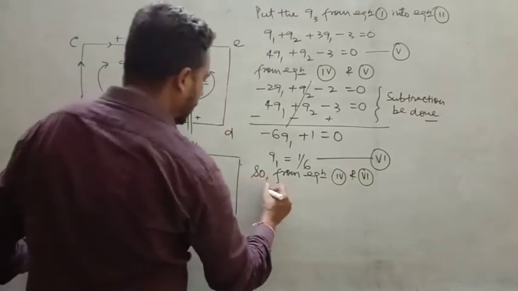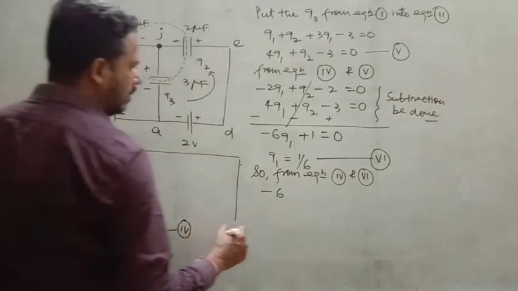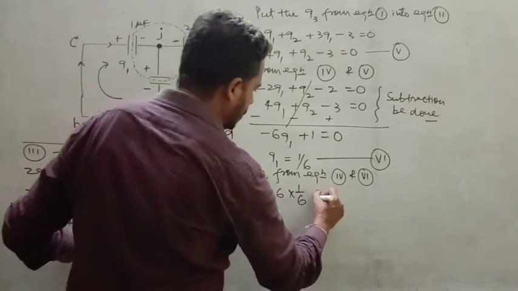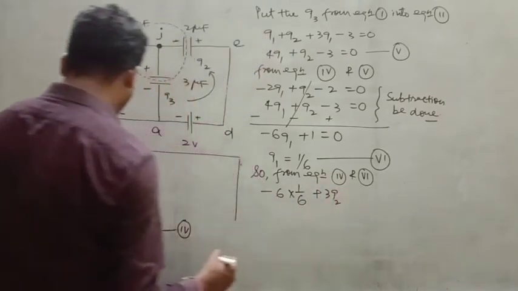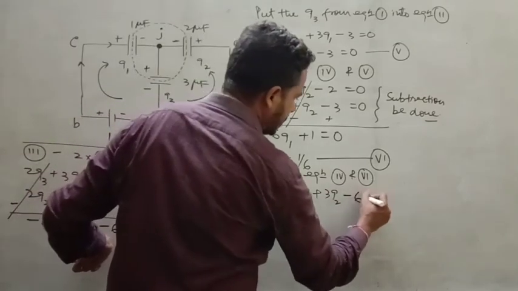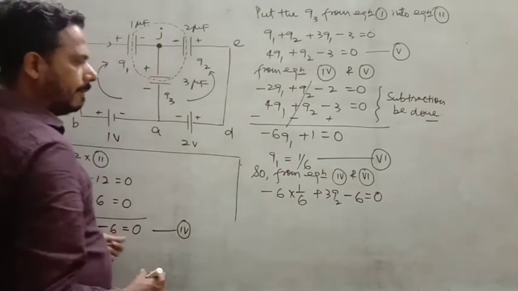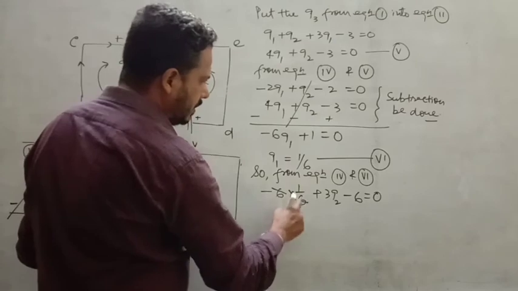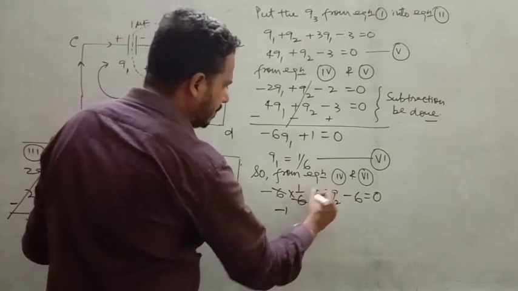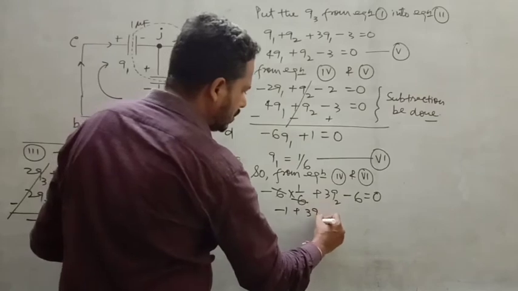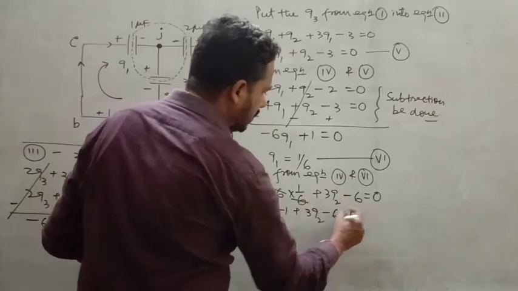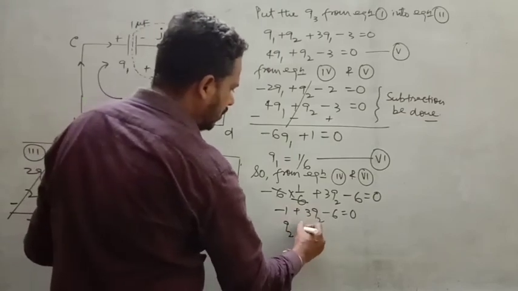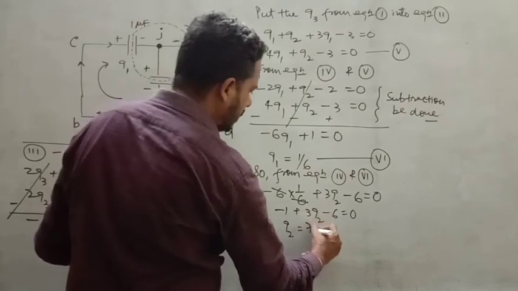There is minus 6 q1, put the value of q1, this one is 1 by 6, and then plus 3 q2, minus 6, this is equal to 0. 6 and 6 will be cancelled, so here there is minus 1 plus 3 q2 minus 6 is equal to 0. So 6 and 1, that would be 7. So your q2 would be 7 by 3.